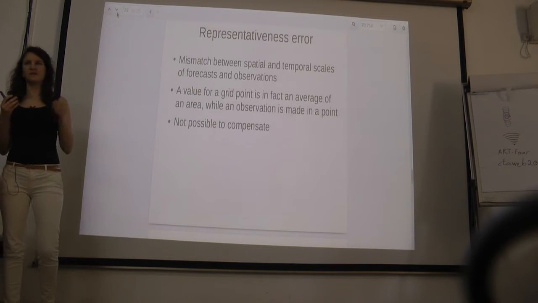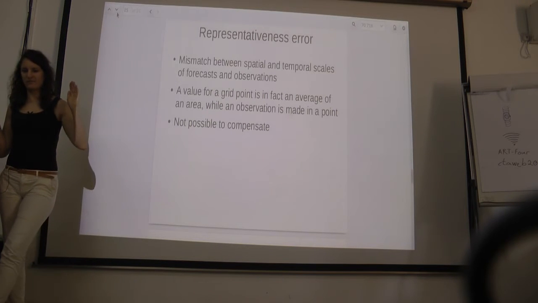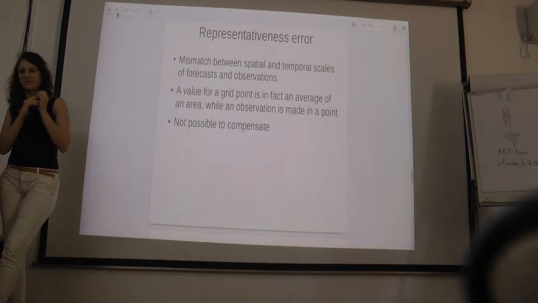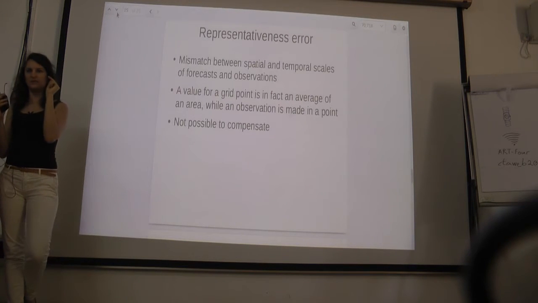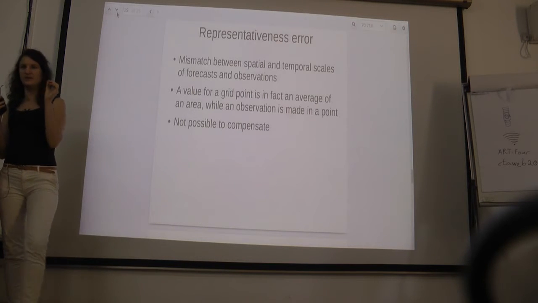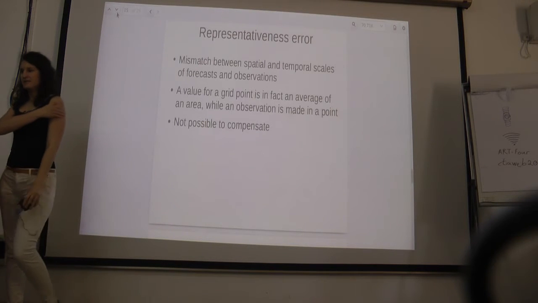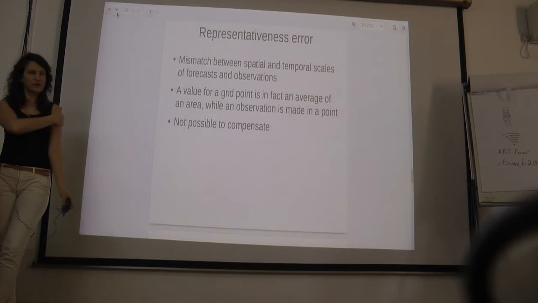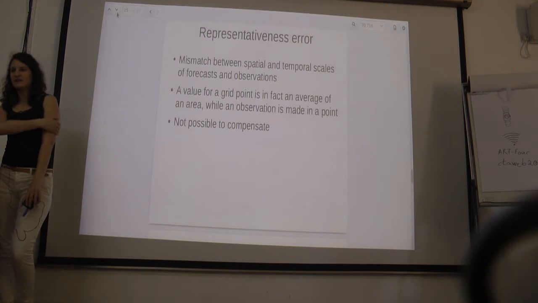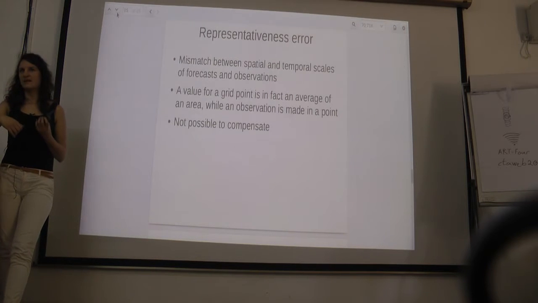But your observation is made in a point. So if you imagine that you have full knowledge about the wind field in your grid box and your observation is at a certain point, then it will never in practice be equal to an average of it, which means that this is something that you cannot compensate for, and this is something that you have to have in mind, that you will always have a mismatch between your observation and your forecast.